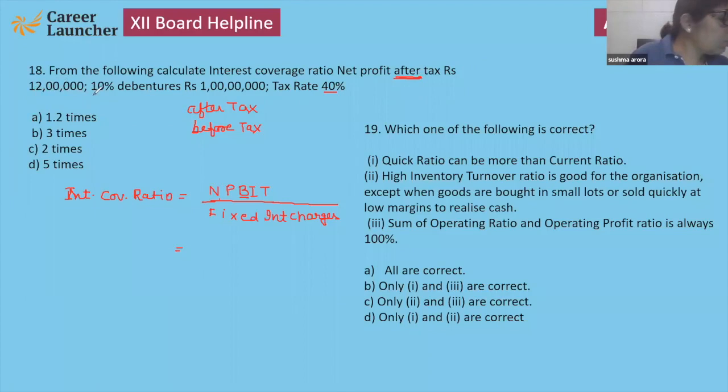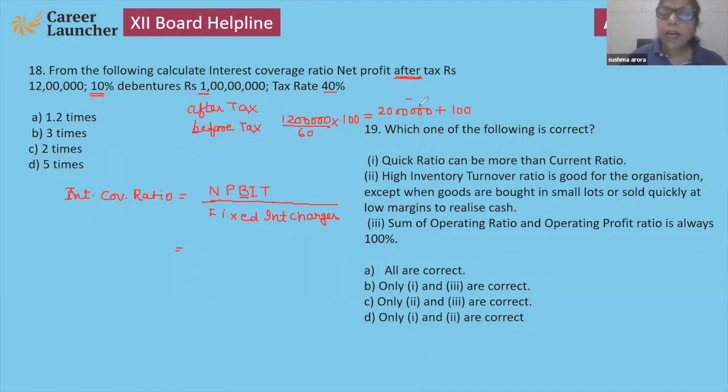So that 12 lakh is after deducting tax. So how to calculate: this 12 lakh is at 60%, we have to calculate it for 100%. So that will come to 20 lakh. And then fixed interest charges, that is 10% of this 1 crore, plus tax.